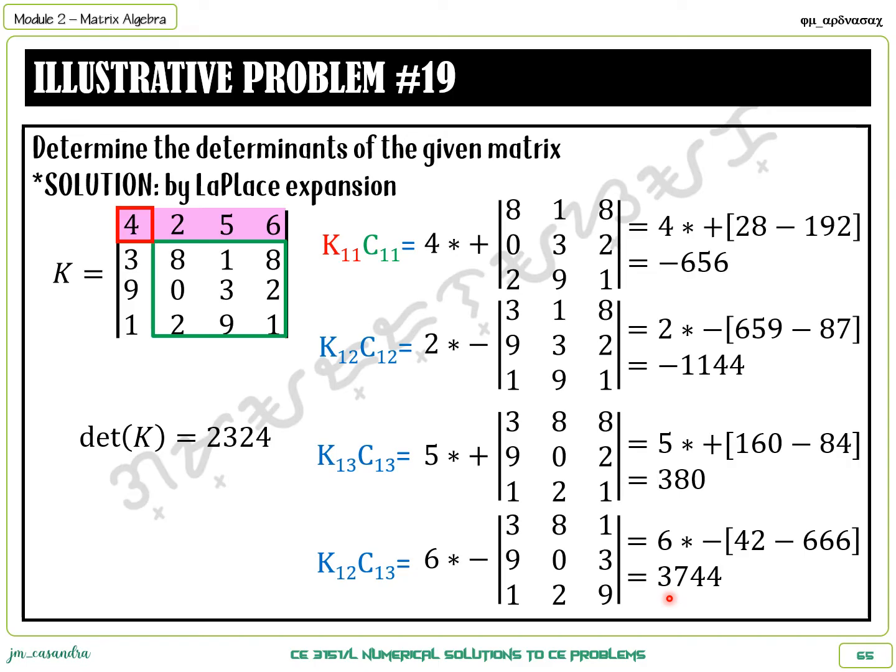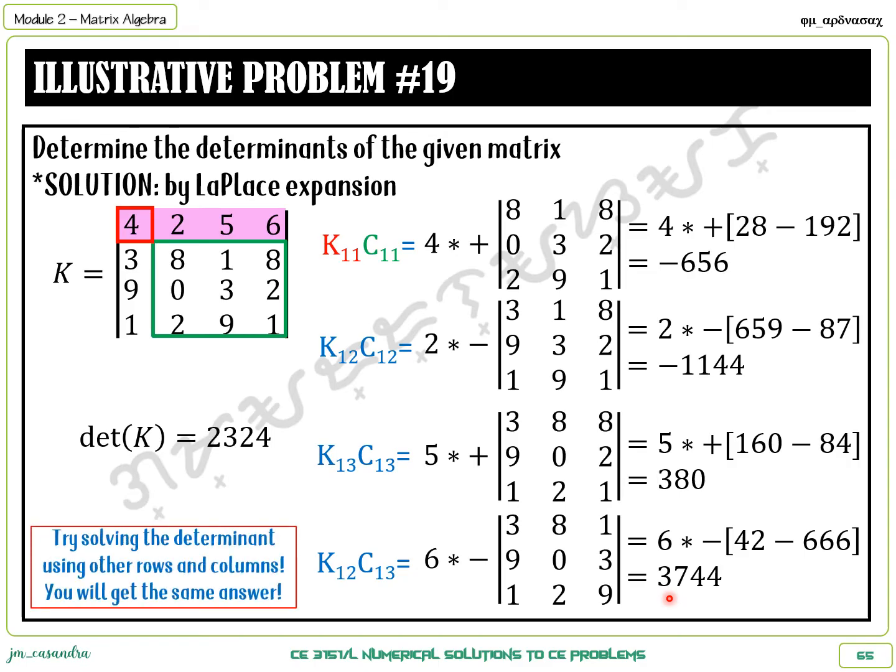Okay? So as a practice, you can now try solving the determinant by using the other rows and columns. You will get the same answer as well. So how will you do that? You can take still the first element, but we'll now be considering the column instead.